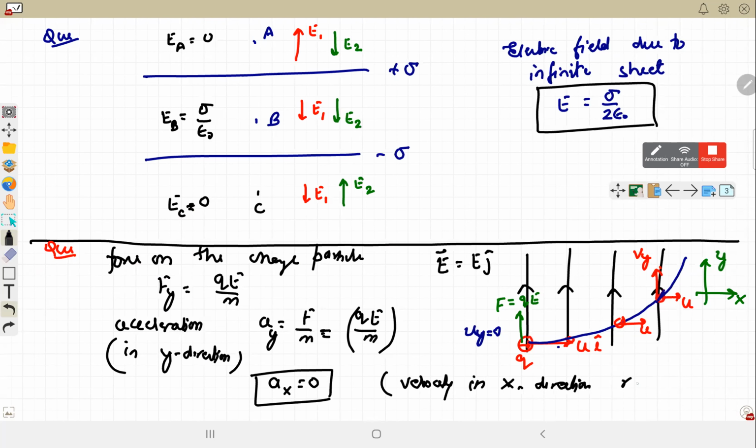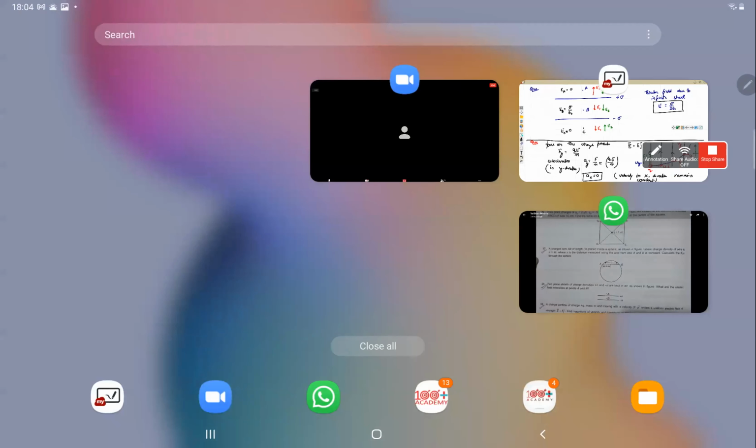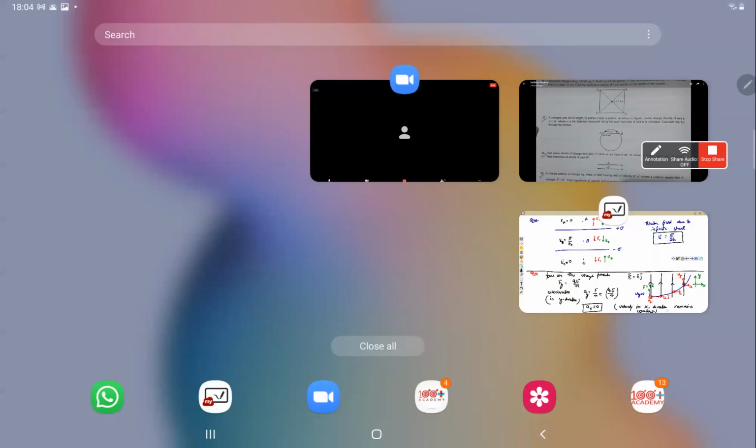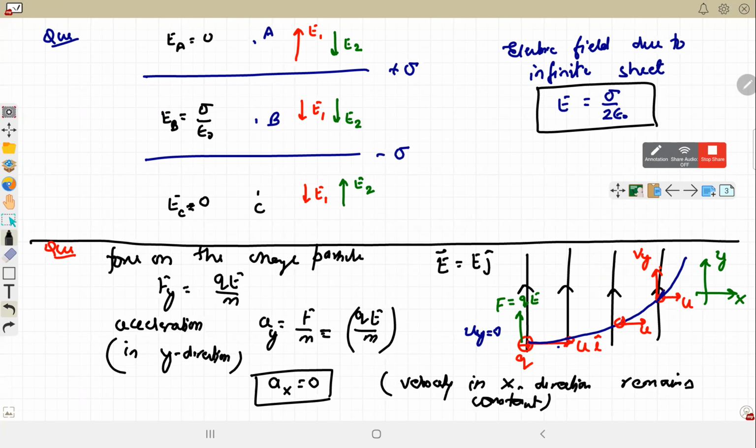So इस क्वेश्चन में फाइनली क्या निकालना है? Displacement, equation of the path. We have to find the magnitude of the displacement of particle after time t. Magnitude of velocity and magnitude of displacement. X direction acceleration is 0, y direction acceleration is constant.